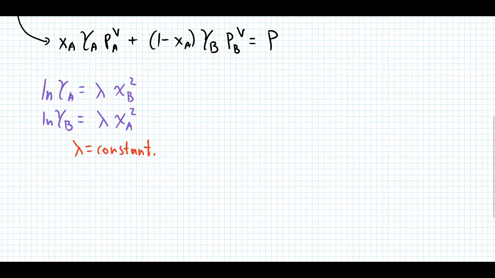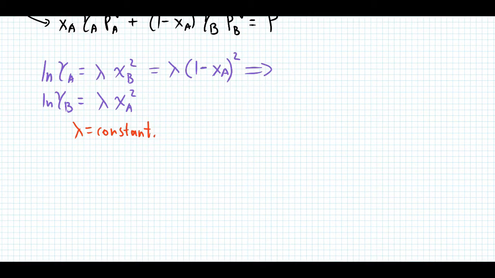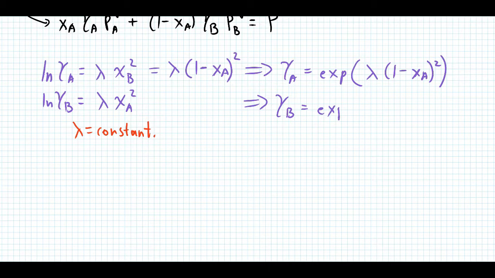Returning to this problem, let's rewrite this all as a function of xa. We can write lambda times 1 minus xa, because xb equals 1 minus xa, and then rewrite this as gamma a equal to exp, or e, to the lambda times 1 minus xa squared. Likewise, gamma b is exp, or e to the lambda xa squared.